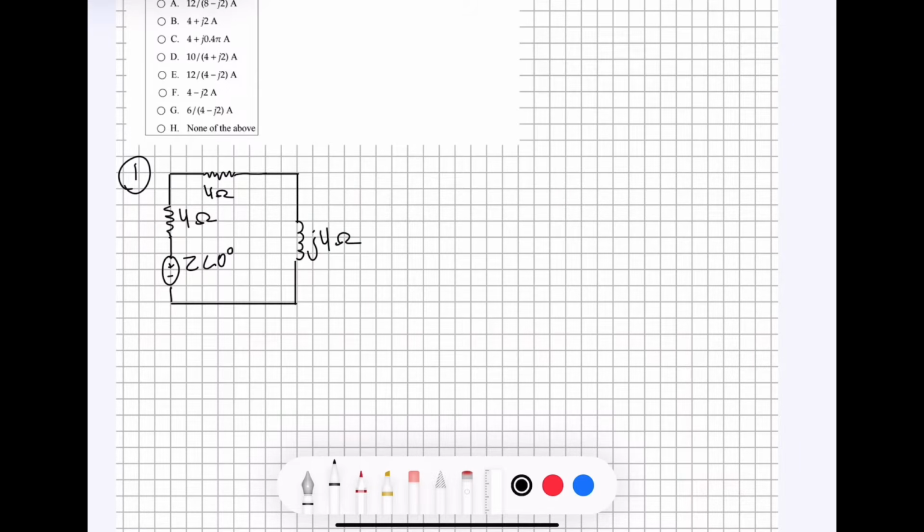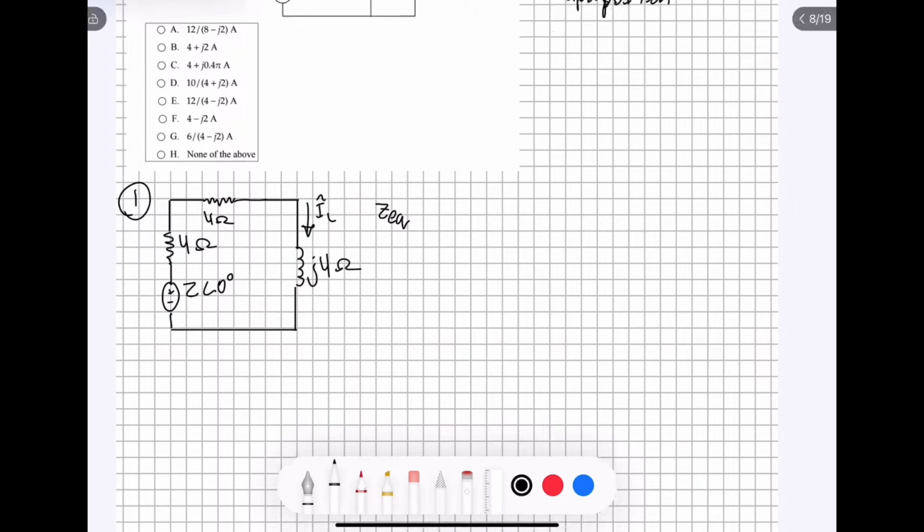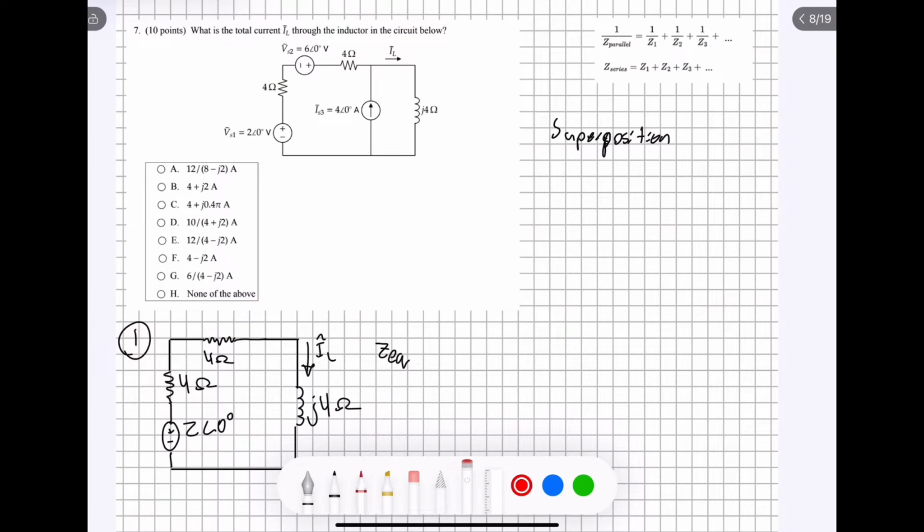So in order to solve for the current going into the inductor right here, IL, we're going to first find the equivalent impedance. So I have the impedance equations written up here. When the loads are in parallel, we're going to use this top equation, and when they're in series, we're going to use this bottom equation to find the equivalent impedance.